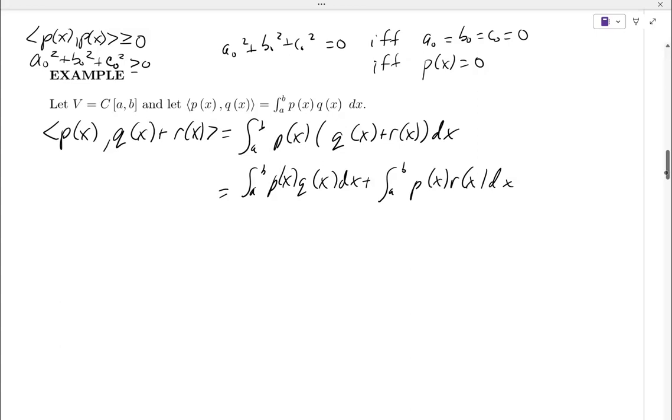That's a Calc 1 idea. And get p of x q of x for the first one and p of x r of x for the second one. So that would be verifying axiom 2 actually works. Does that make sense for everybody?